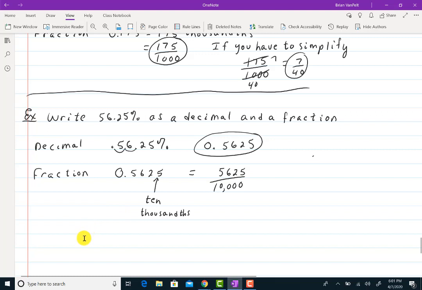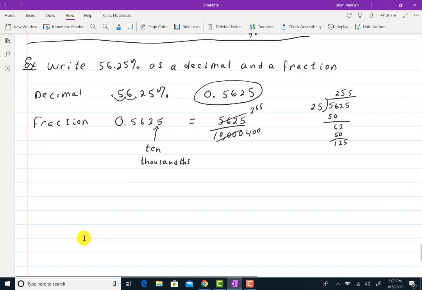So let's say 25 into 5625, how many times? So it looks like when I divide by 25, I'll get 255 in the numerator, and in the denominator, I believe we're going to get 400.